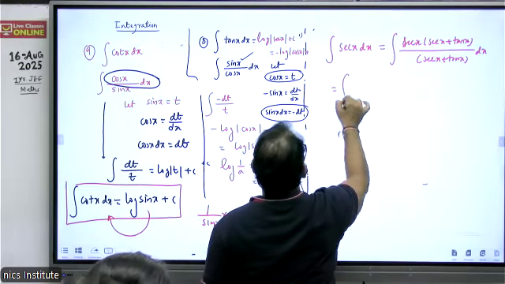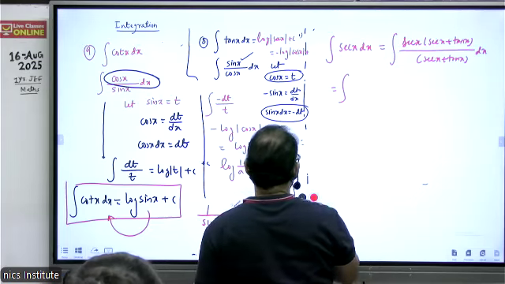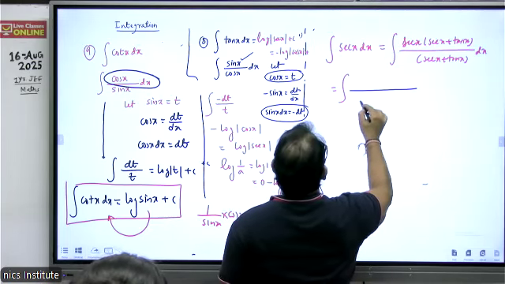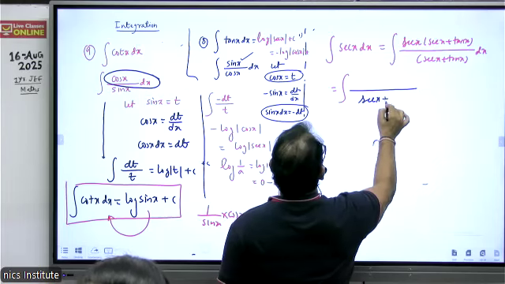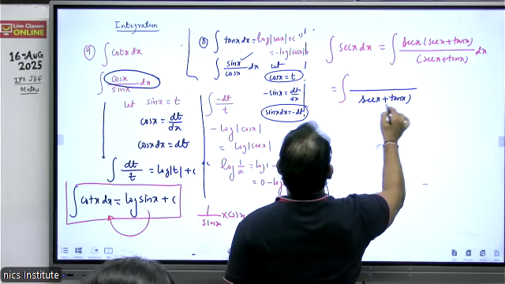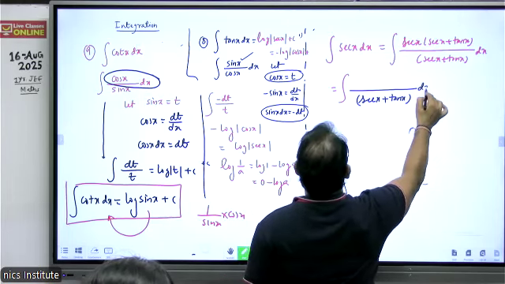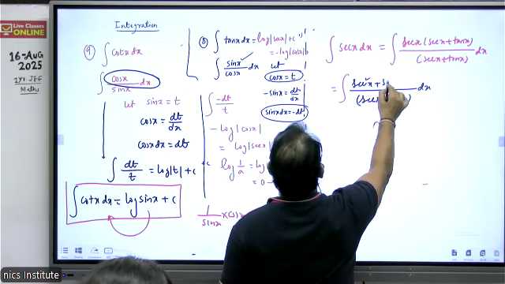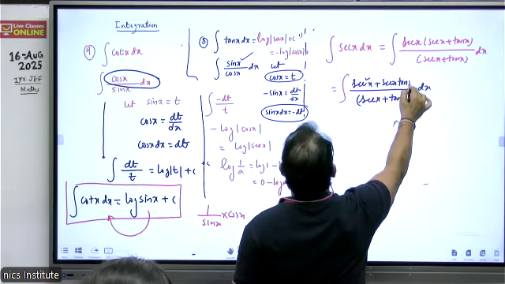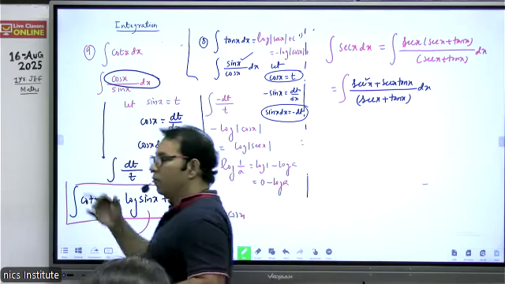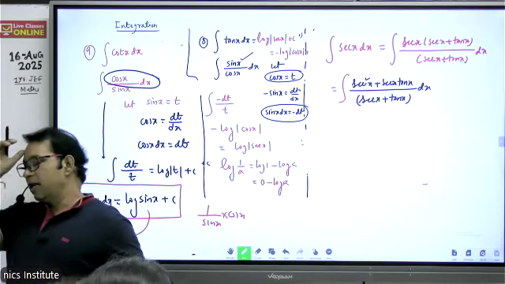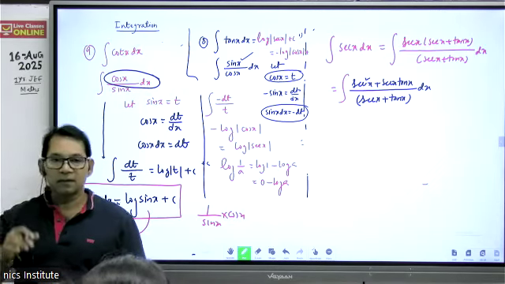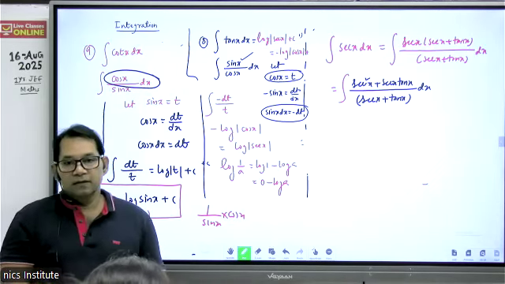Now, just verify, is the numerator derivative of the denominator? Yes or no? If you differentiate, derivative of sec x is sec x tan x, derivative of tan x is sec square x.